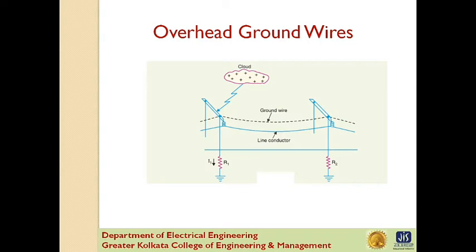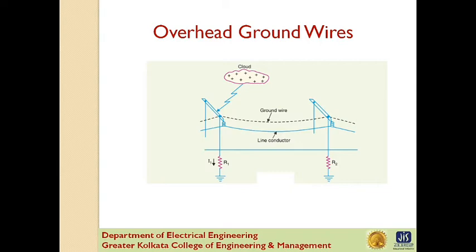Suppose, for example, the tower footing resistance is R1 ohm and the lightning current from the tower to ground is I1 ampere. Then the tower rises to a potential Vt given by Vt = I1 R1.